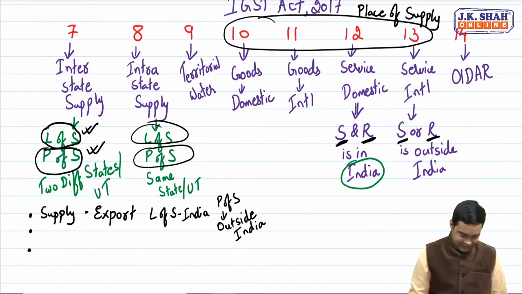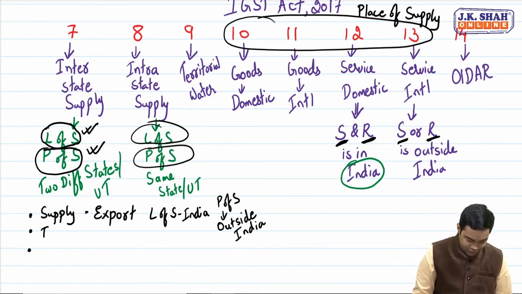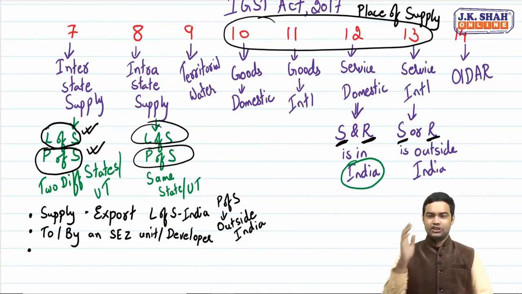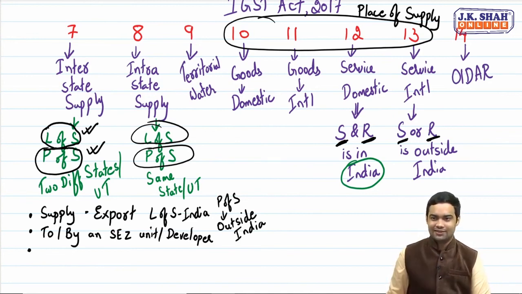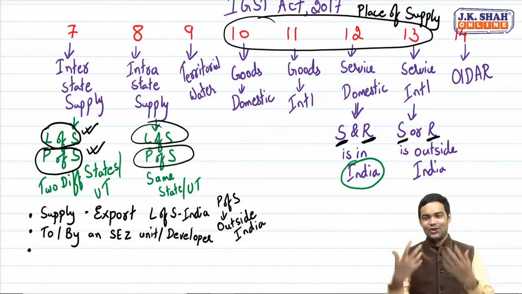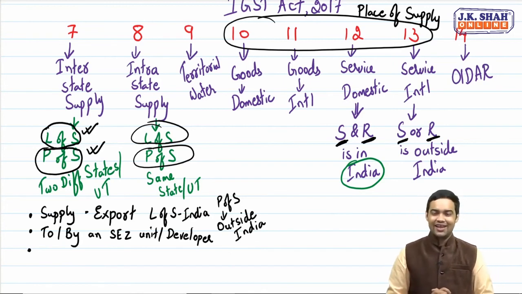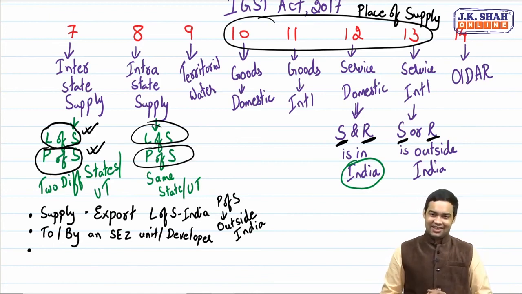The second one is any supply to or by an SEZ unit or developer. Now the question is, what do you mean by SEZ, Special Economic Zone? This was the full form, but what do you mean by Special Economic Zone? The name has the meaning.